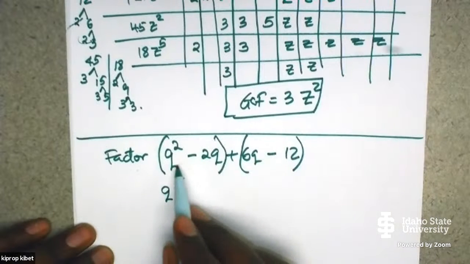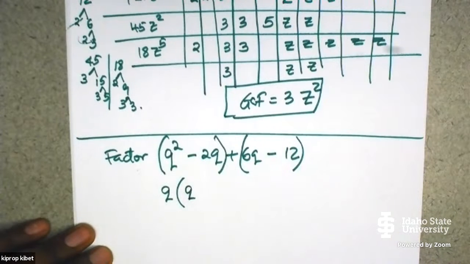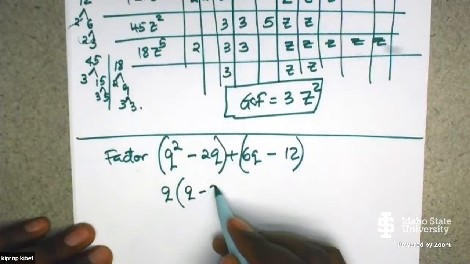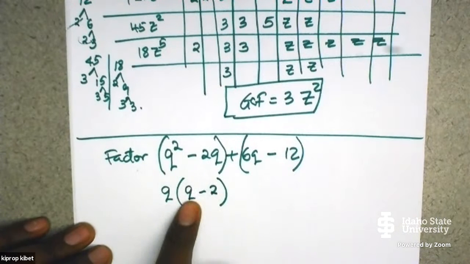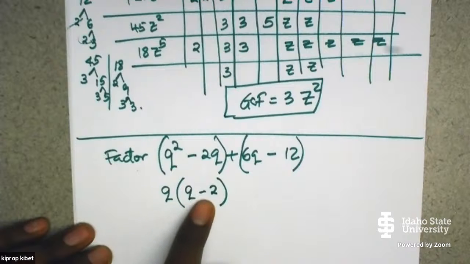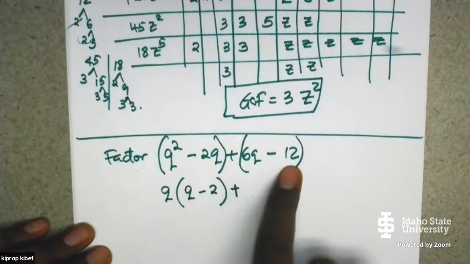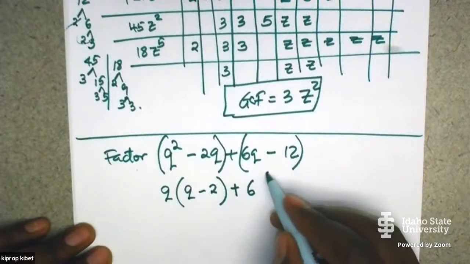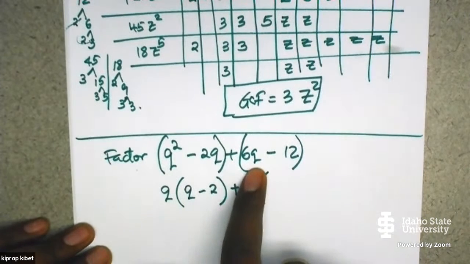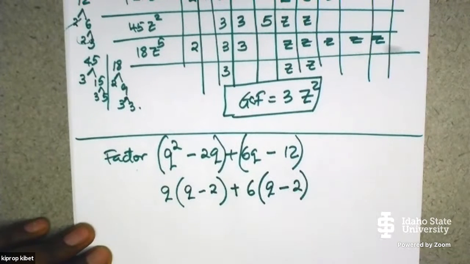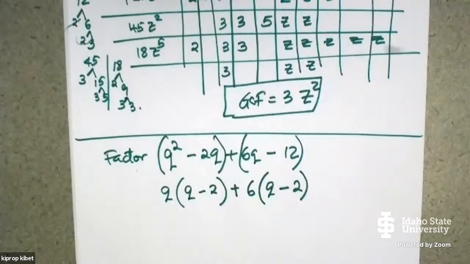And what remains inside is q, and then minus 2. Because when we open this bracket, it will be q square minus 2q. Plus, what is common here is 6. We factor out 6. And then what remains here is q, and then minus 2. Are we together?